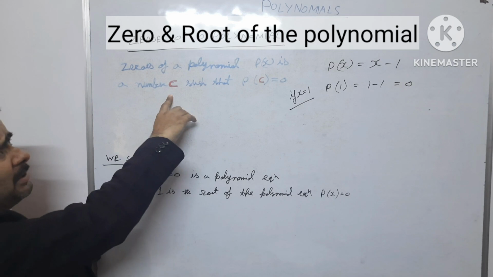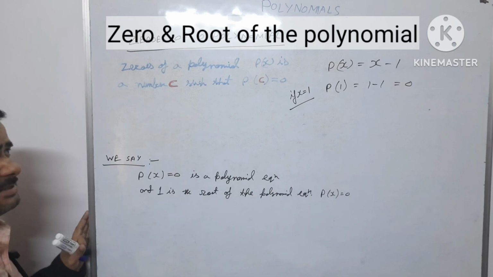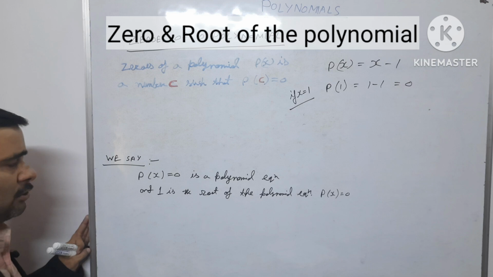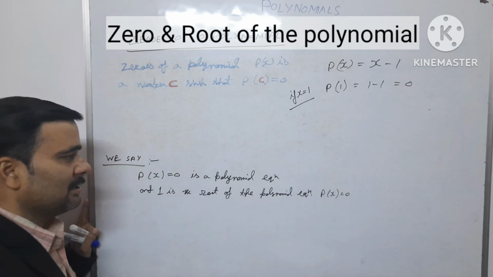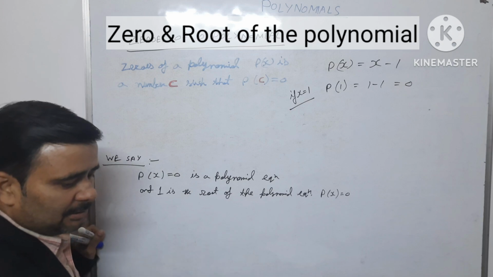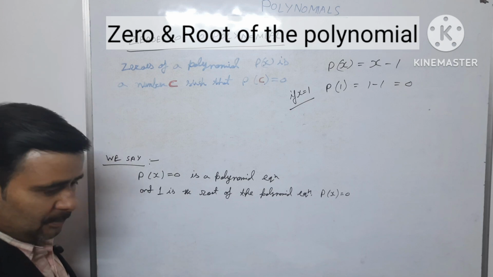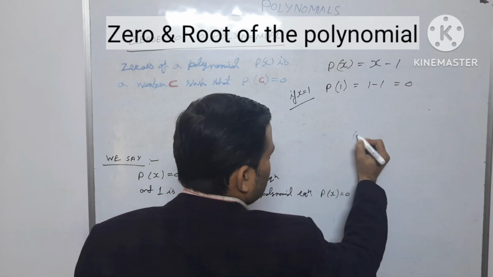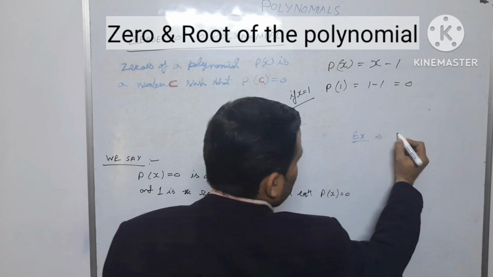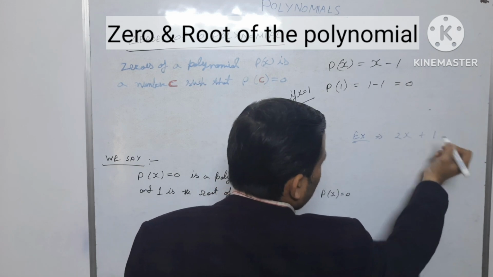So a zero of polynomial p(x) is a number c such that p(c) is equal to 0. We can say p(x) is equal to 0 is a polynomial equation, and 1 is the root of the polynomial equation. Now let's take an example. Suppose we have a term like 2x plus 1.